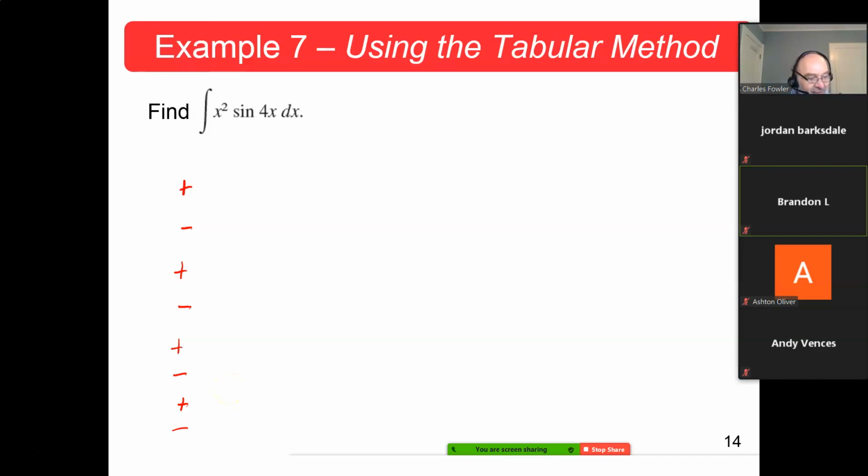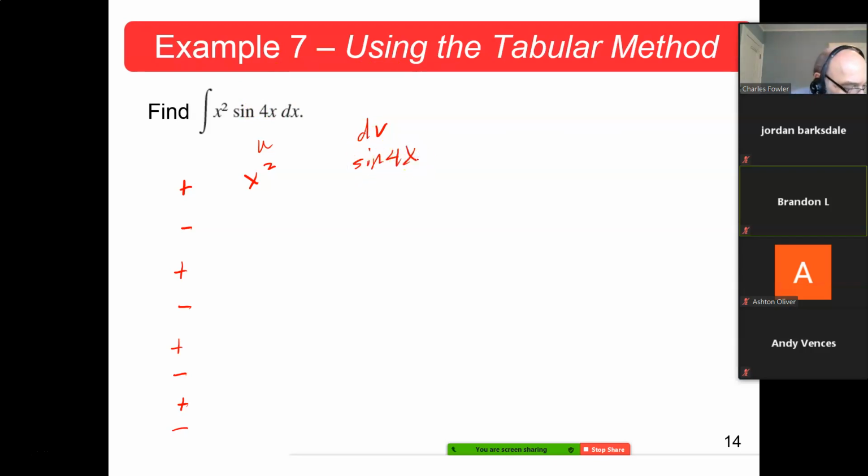Now what you do then is your u, and your u here would be x squared. Okay, and the dv, they put v prime, which is okay, and that's going to be sine of 4x.